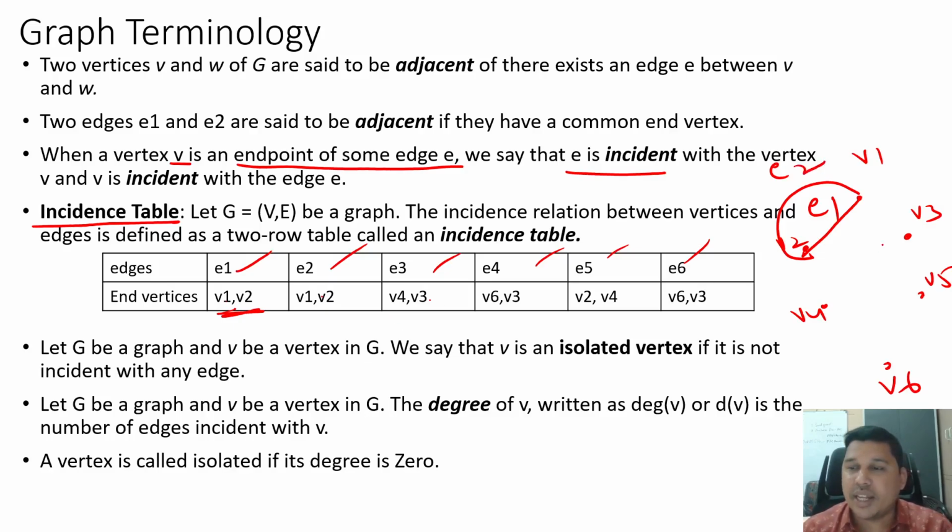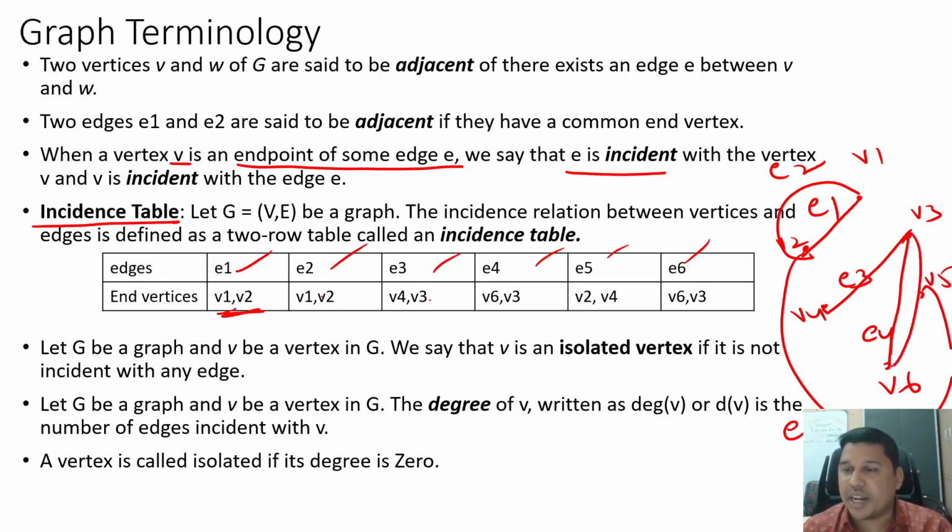Then V4 and V3 are forming E3. Then V6 and V3 are forming E4. V2 and V4 are forming E5, so these are connecting like this. Then V6 and V3 are connected again by another edge, E6. So, what is this incidence table?